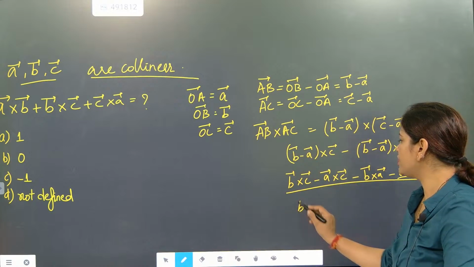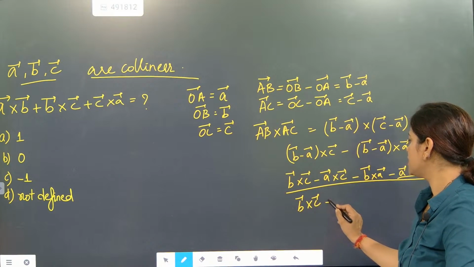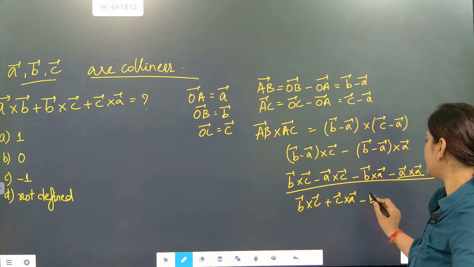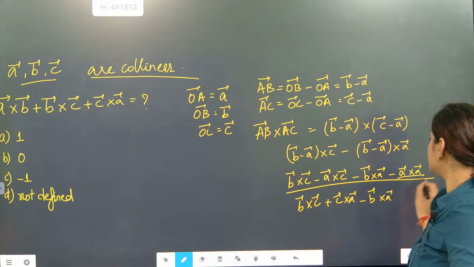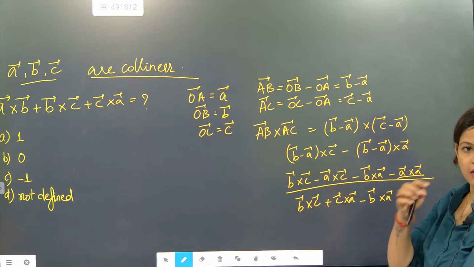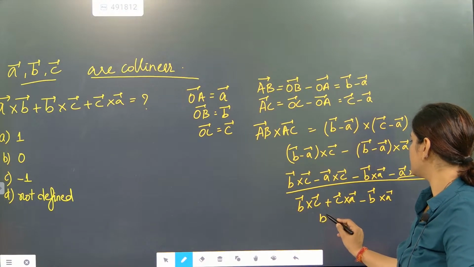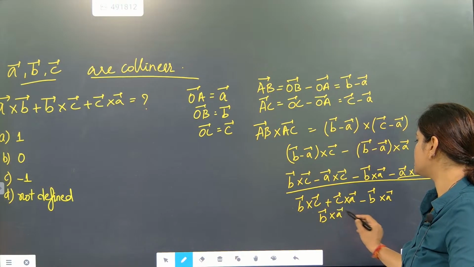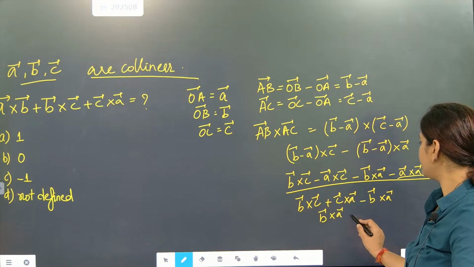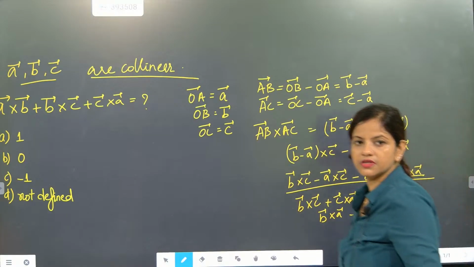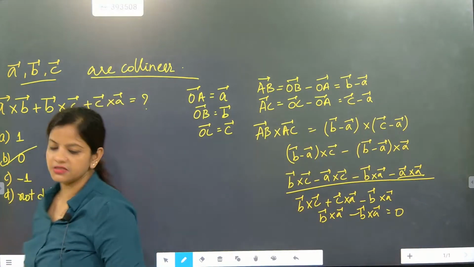If we remove it, it will become B cross C plus C cross A, then minus B cross A. This part, A cross A parallel, will become 0. So here B cross C plus C cross A is coming as B cross A resultant. Understood? And minus B cross A. So the answer will come as 0. That's it. Note down, the answer is coming as 0.